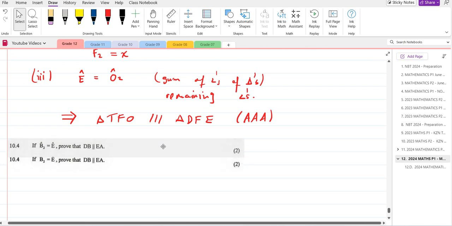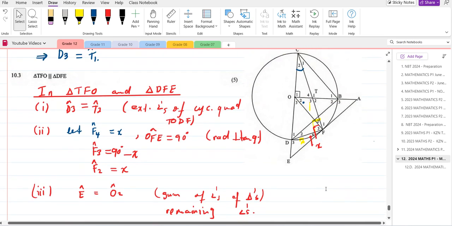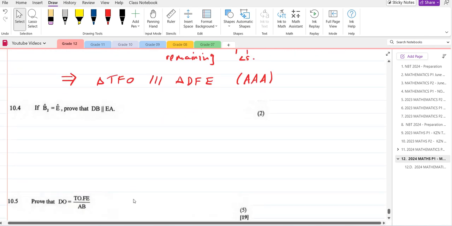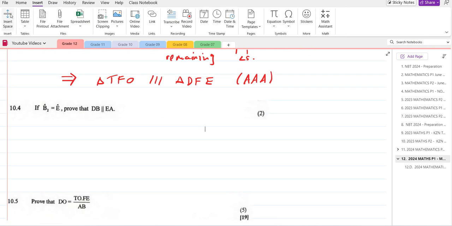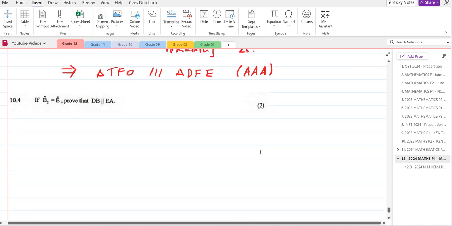Perfect. Right. Next one. Let's take the same diagram, put it down. We're almost done, guys. Almost done. Right. So next question.